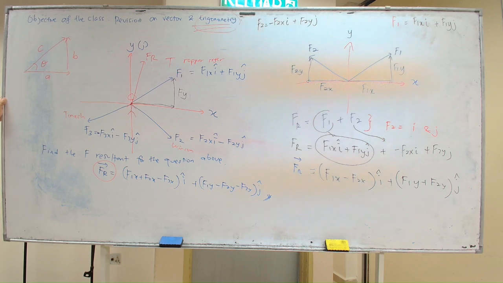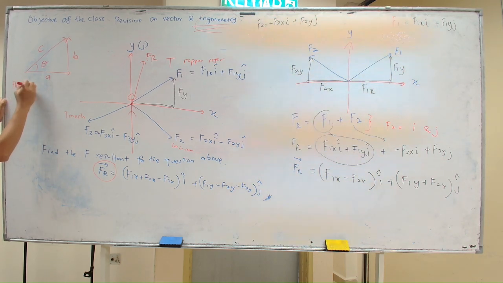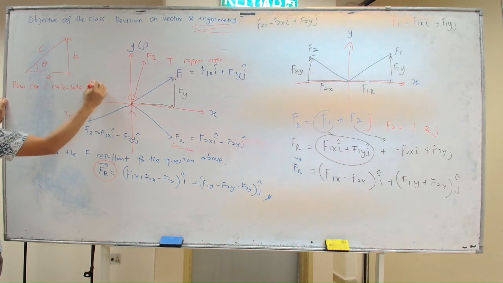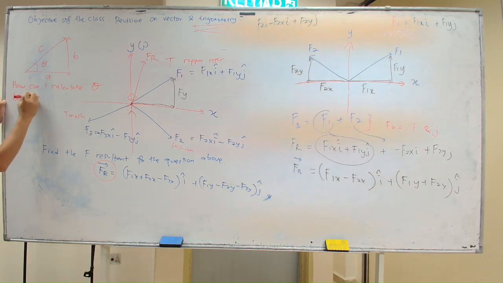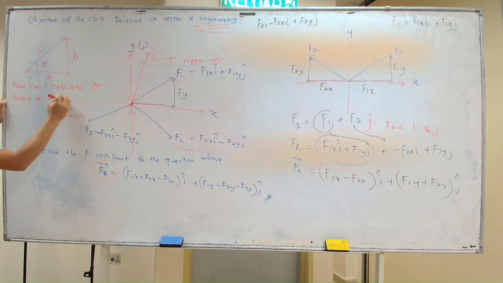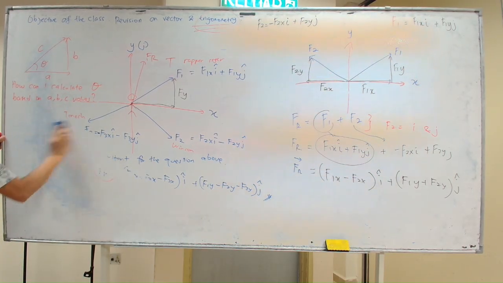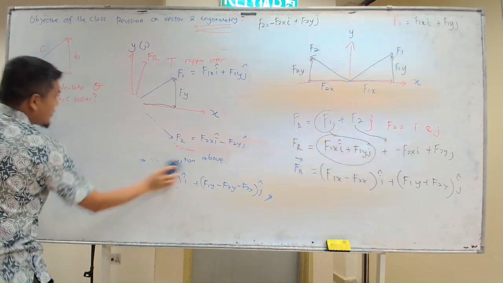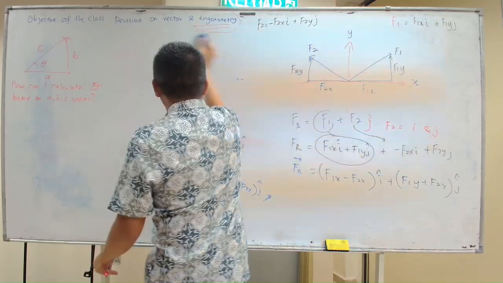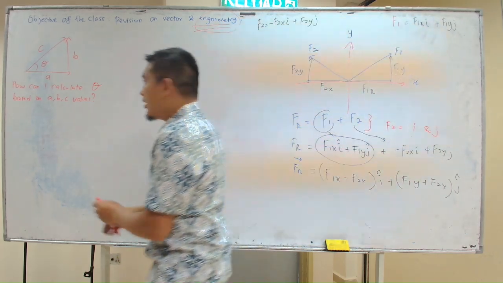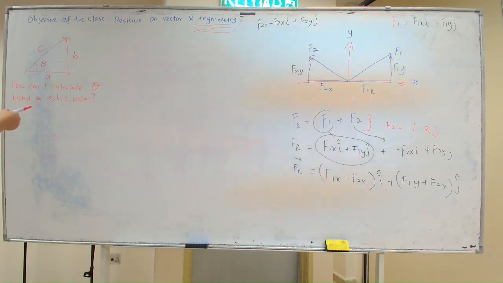Alright? So, how can I calculate theta based on A, B, C values?